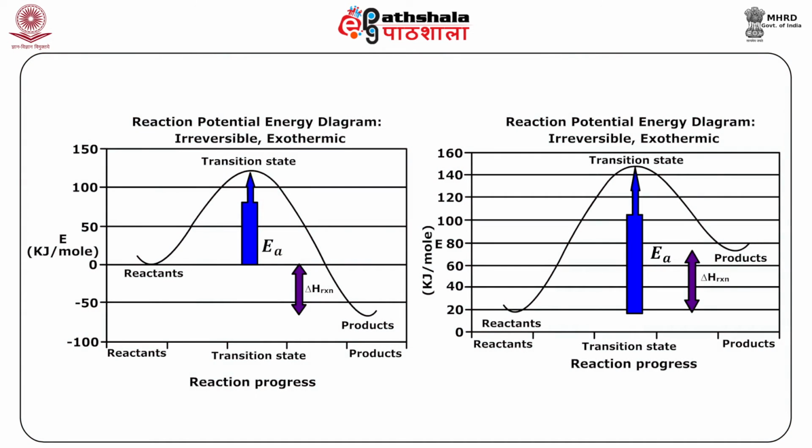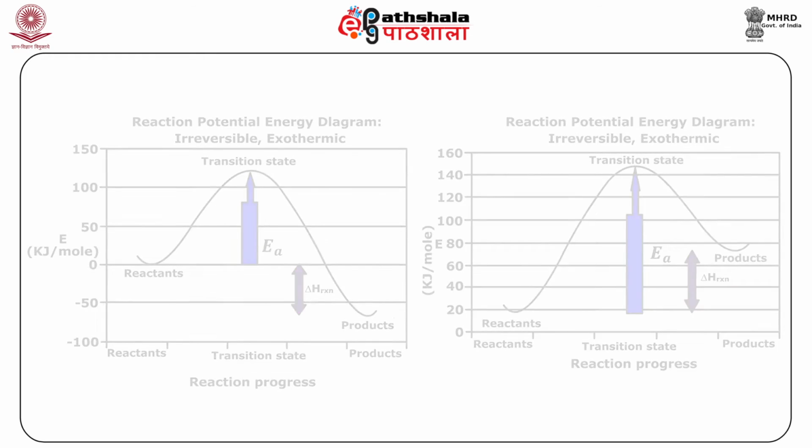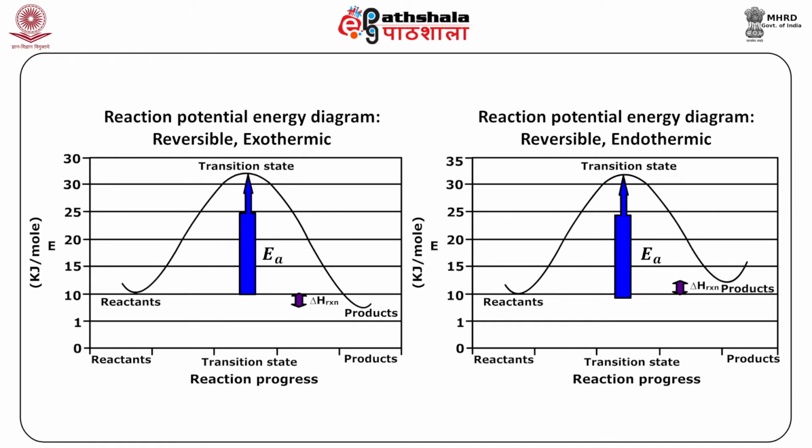Now, in the figure for the reaction potential diagram, you can see we have the diagrams for irreversible exothermic and endothermic reactions, and this shows a large value of delta H, while in the next figure for a reaction we can see the potential energy diagrams for reversible exothermic and endothermic reactions showing a small value of delta H. Now, you can appreciate this more by looking at this diagram or the figure in which you can see large delta H and small delta H difference.